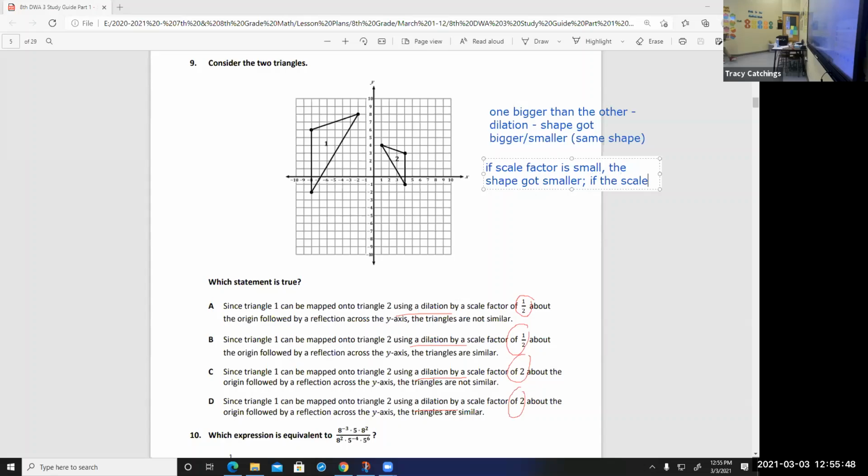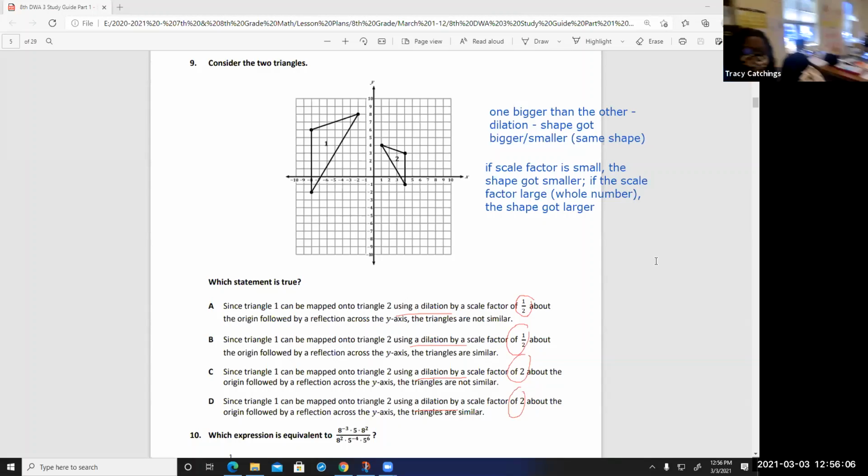If the scale factor is large or a whole number, the shape got larger. So in dilation, the shape gets bigger or smaller, and then we have scale factor. If it's a small scale factor, meaning a fraction, the shape got smaller. If it's a large scale factor with a whole number, the shape got larger.